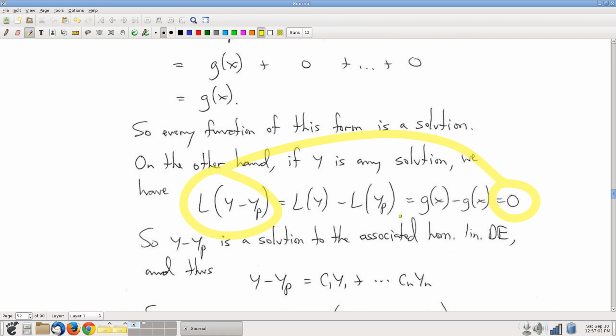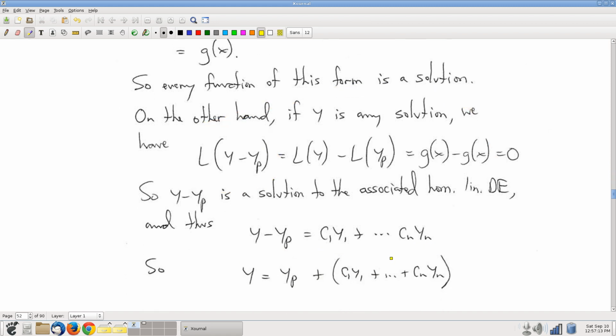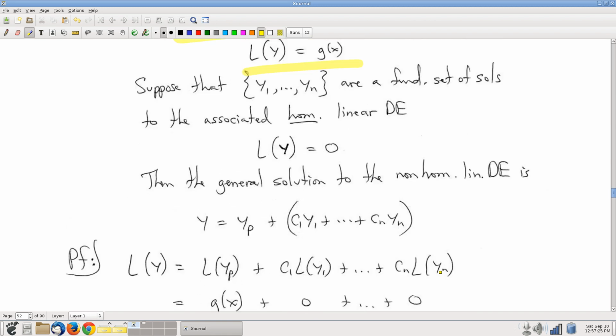Now, this is a very useful observation. In particular, if y minus y sub p is a homogeneous solution, recall that all homogeneous solutions are linear combinations of the fundamental set. And so therefore we can write that. And as required, solving for y, we have that it's the particular solution plus a homogeneous solution, as desired. Okay.